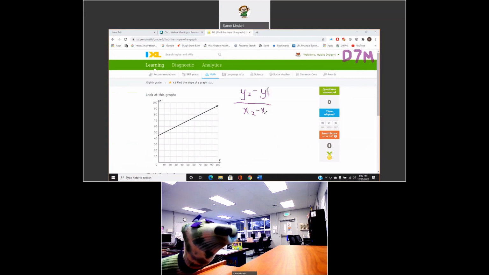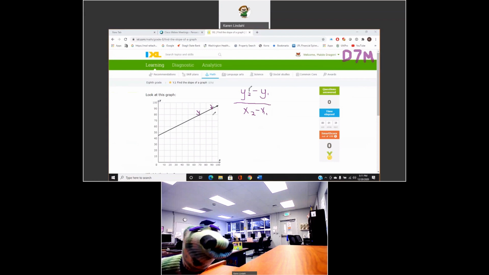And what the heck does that mean? What that means is that you need to find the rise by comparing the coordinates of 2 points. So here's 1 point. It's 90, 90. And here's another point. It's 70, 80.